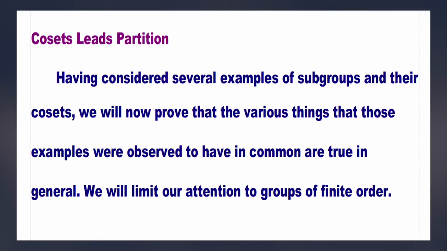Cosets lead to partition. Having considered several examples of subgroups and their cosets, we will now prove that the various things those examples were observed to have in common are true in general. We will limit our attention to groups of finite order.